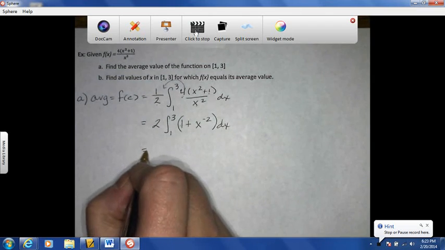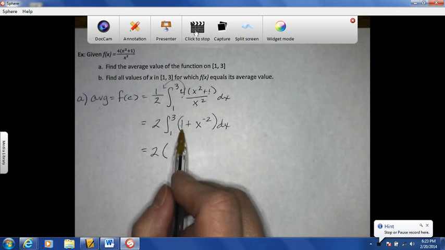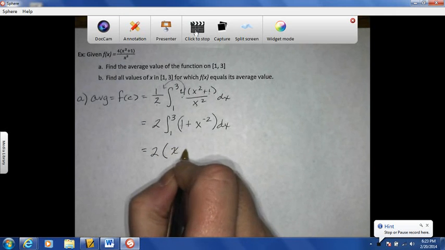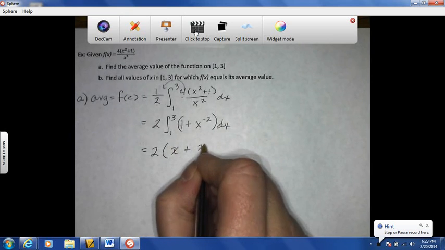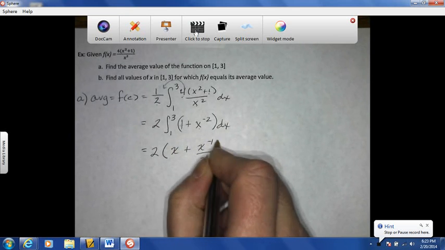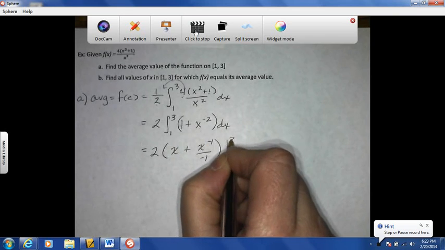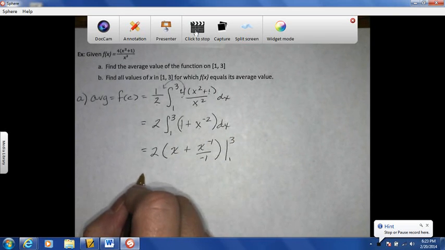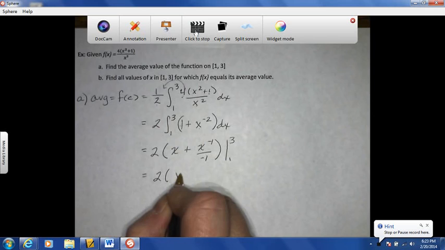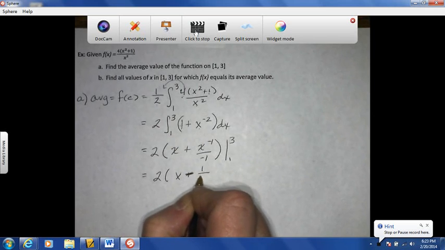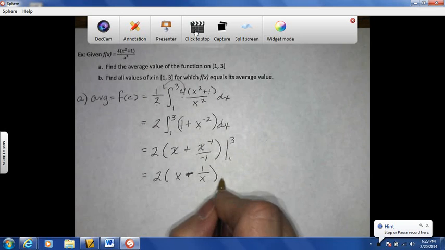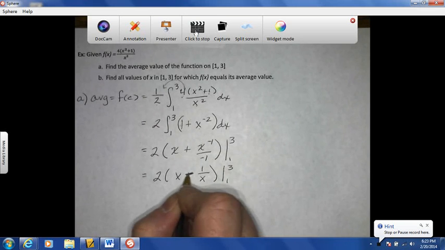Next, we integrate. So, integrating 1, that goes back to x, plus, for this one, I'm going to increase the exponent by 1 and divide by the new exponent, and then evaluate from 1 to 3. Rewriting that, we have x minus 1 over x, evaluated from 1 to 3.